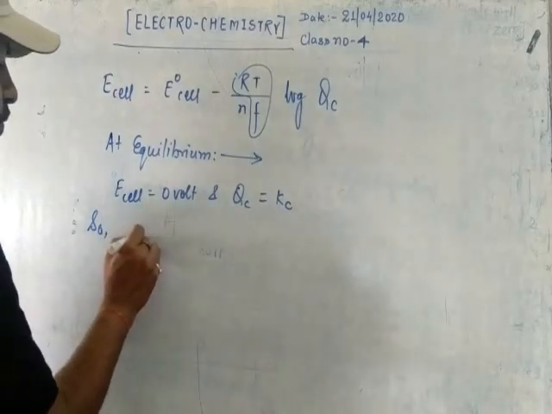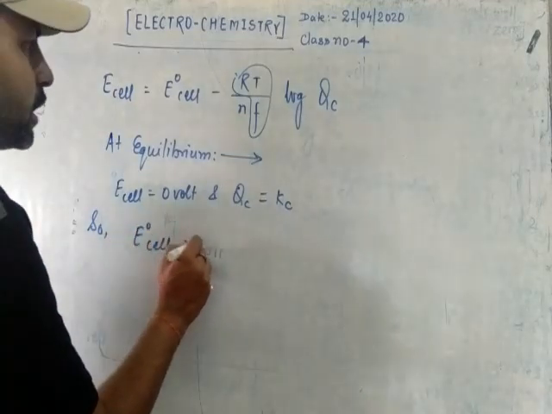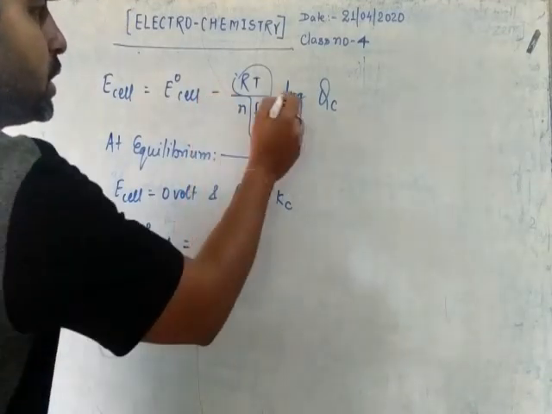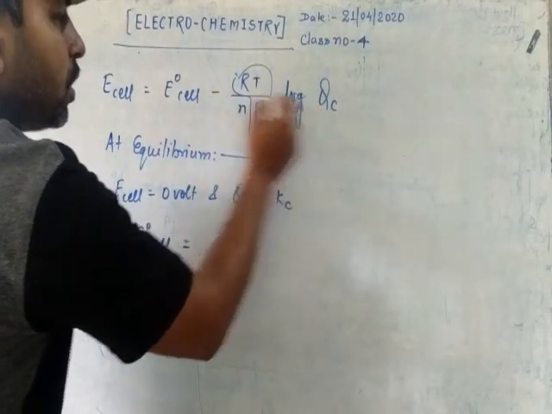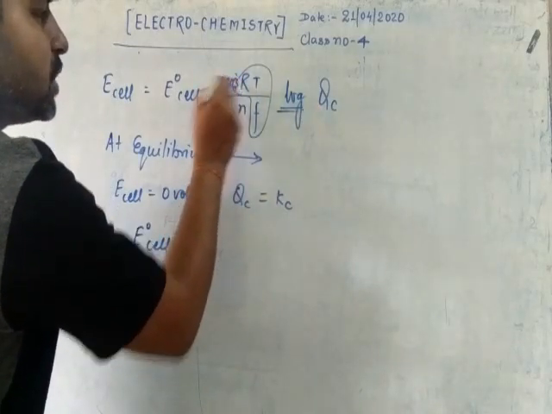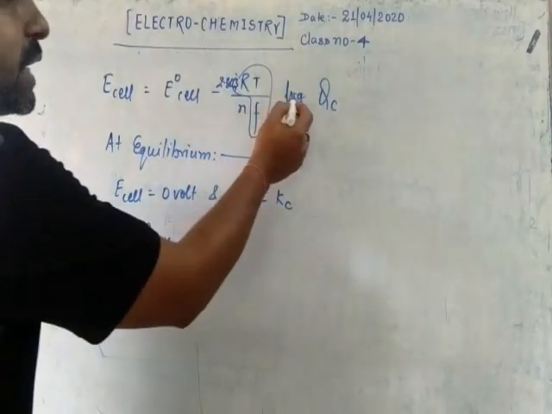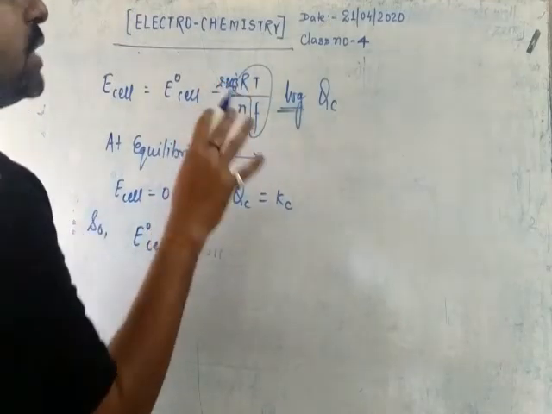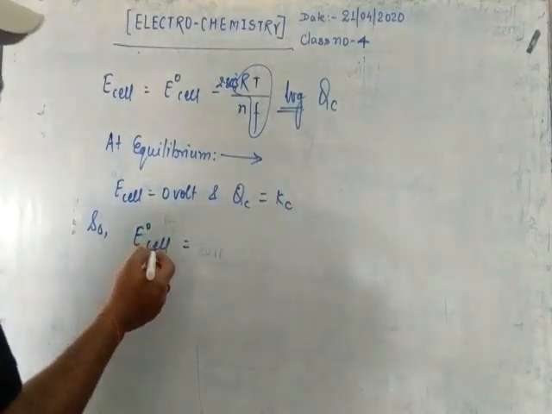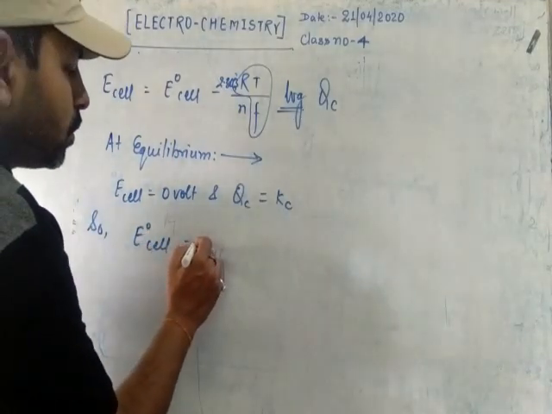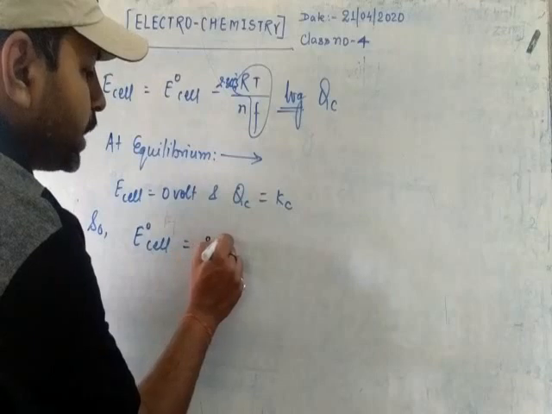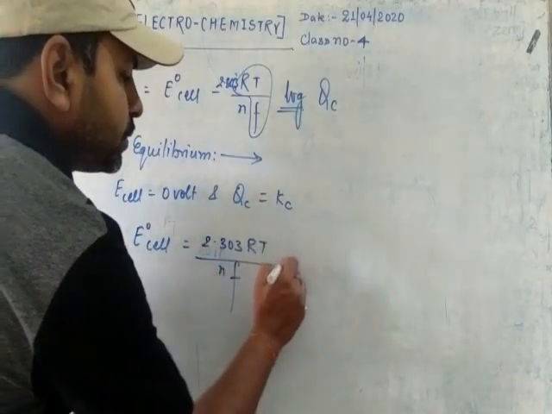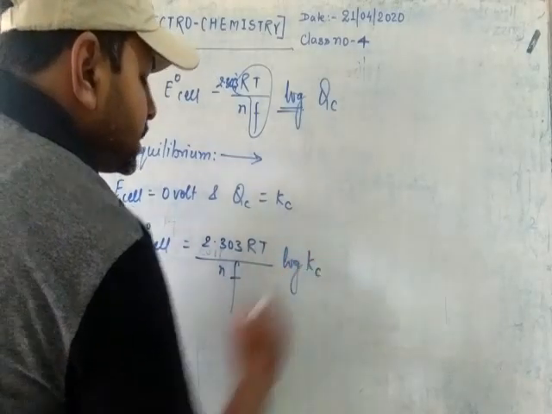So E naught cell equals, students, if you write log, then 2.303 must be taken. If you take ln, natural log, 2.303 is not taken. So E naught cell equals 2.303 RT by nF log Kc.